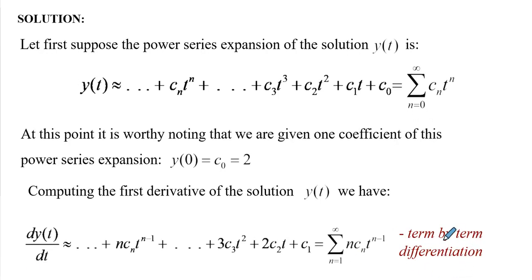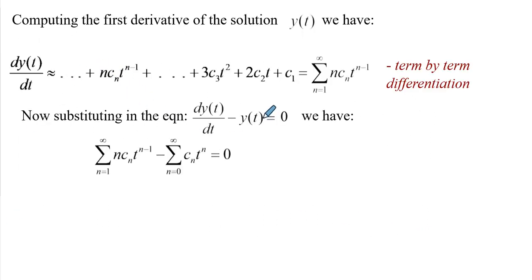What we've done there, I'm emphasizing, is what we call term by term differentiation. And now substituting in the differential equation, which is dy/dt minus y equals 0, we substitute this way. In this case, we are only using the compact form of the solution using the summation sign.